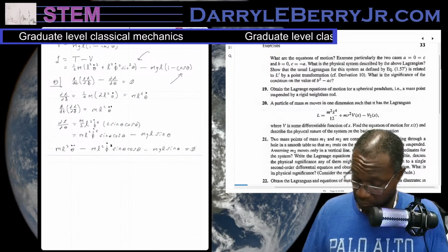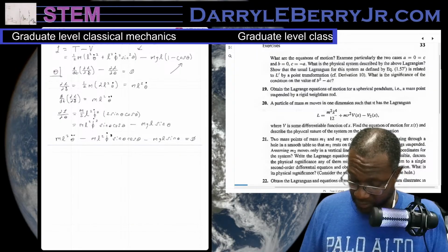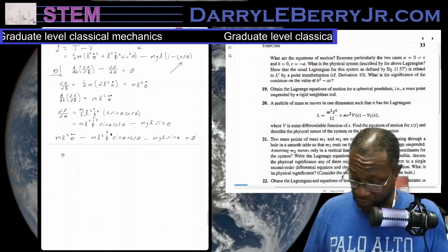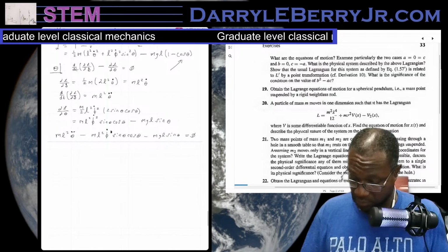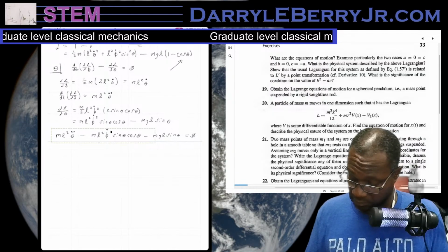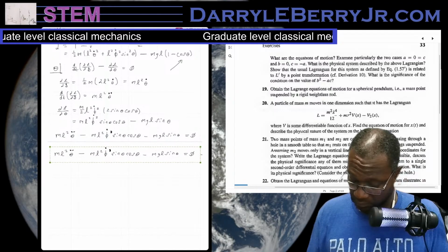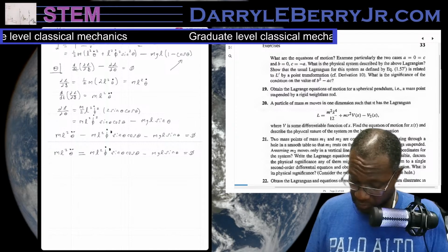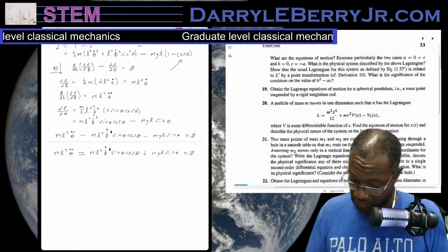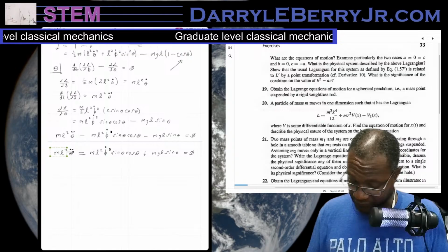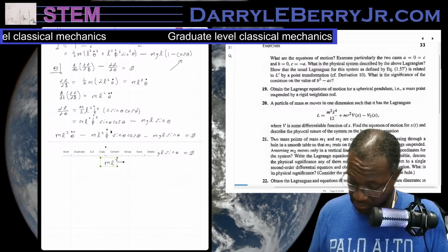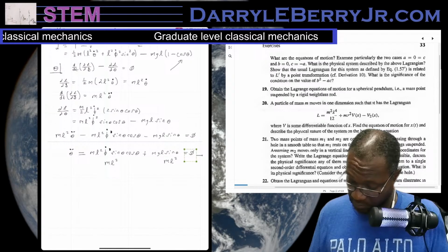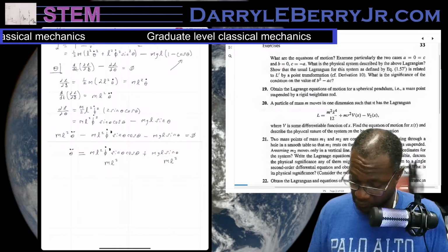Equals 0. I can actually copy this down. I'll solve for theta double dot. Theta double dot equals that plus that, divide that to the other side.